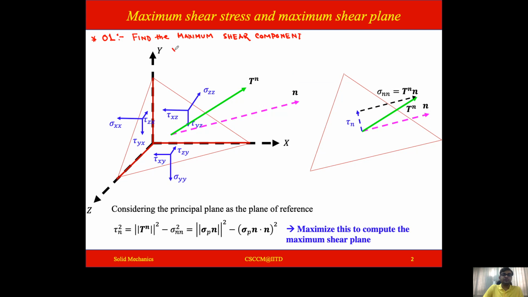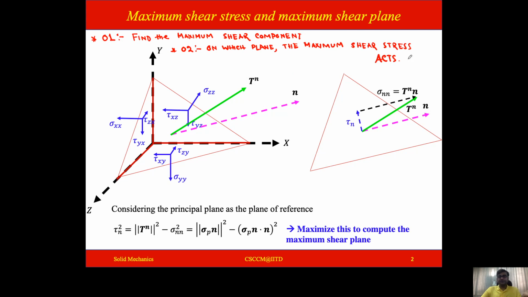What is objective 2? Objective 2 is on which plane the maximum shear stress acts.